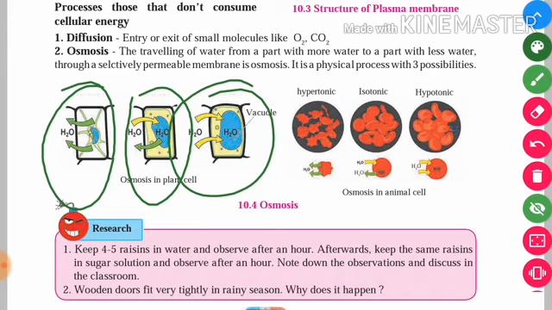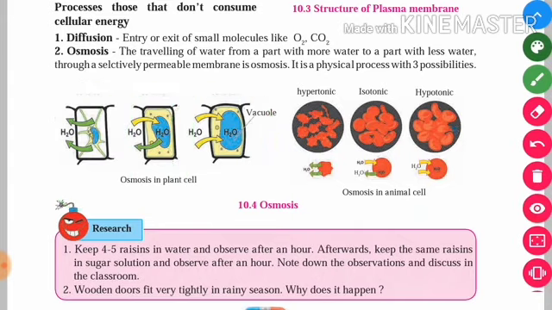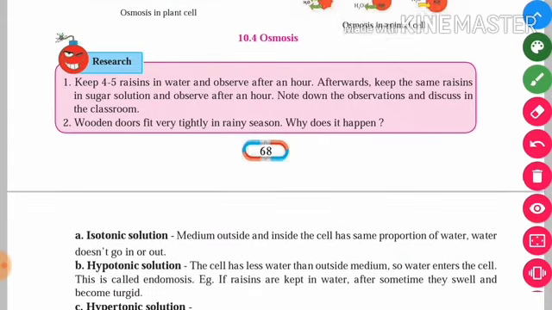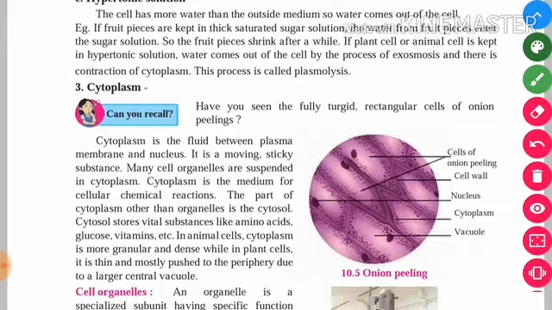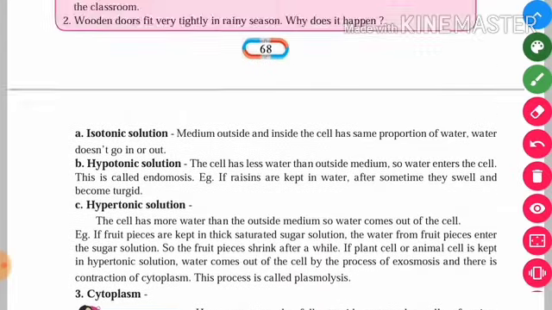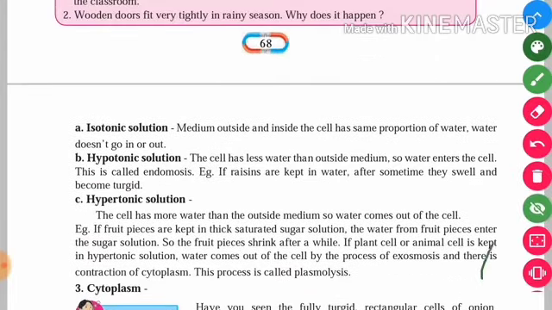Okay, this is the osmosis in plant cell. So then osmosis in the animal cell, how does it take place? Same as like this. Okay, what are the solutions?